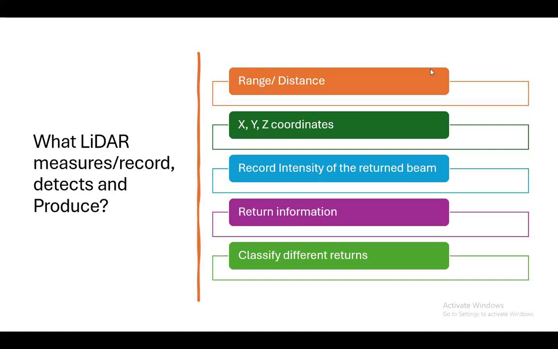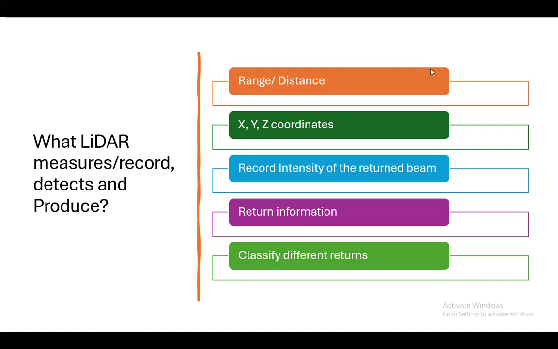It also stores the return information, like how many beams, how many reflections are coming back. We call them echoes. In LiDAR, we call them returns or echoes. How many echoes are coming, after what interval, and the timestamp is also recorded. All this information is recorded as return information.